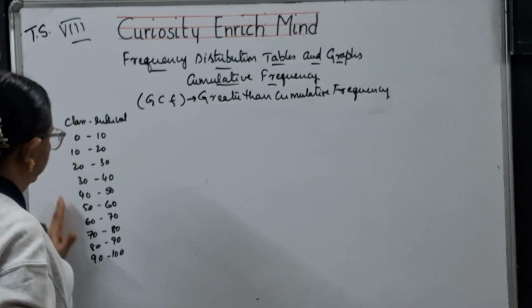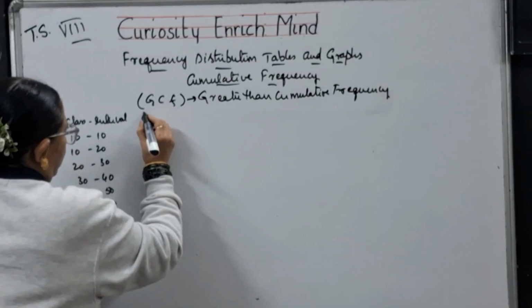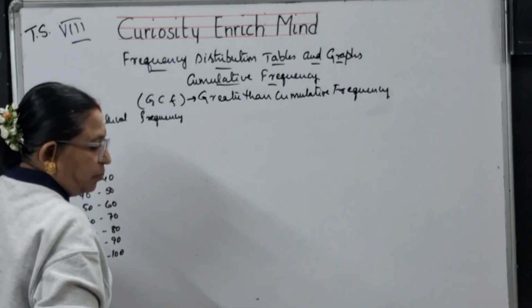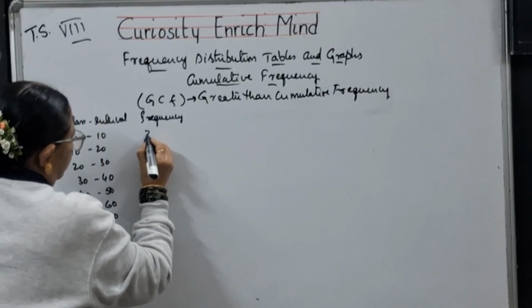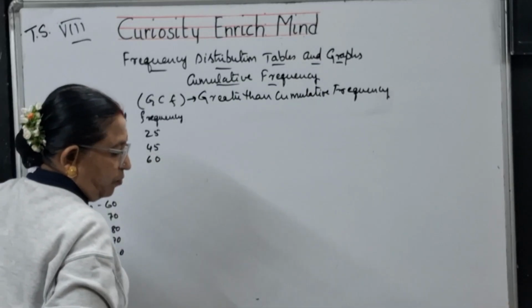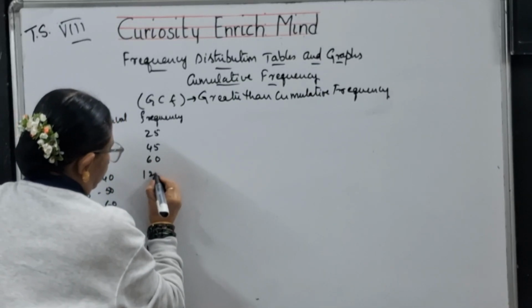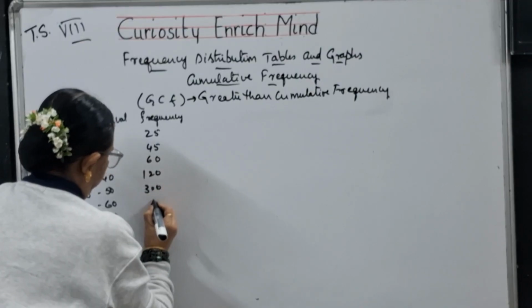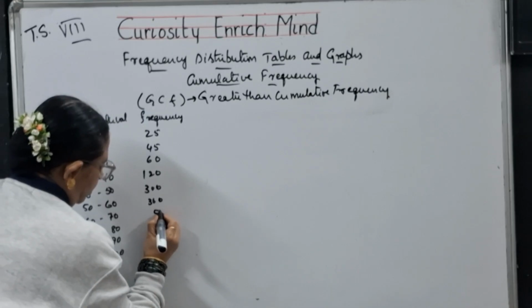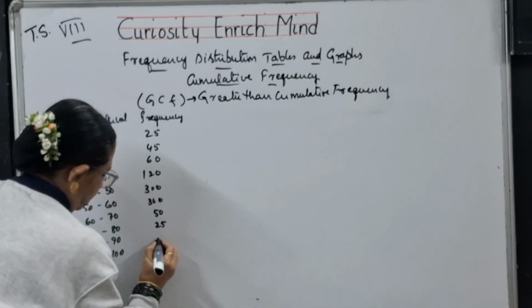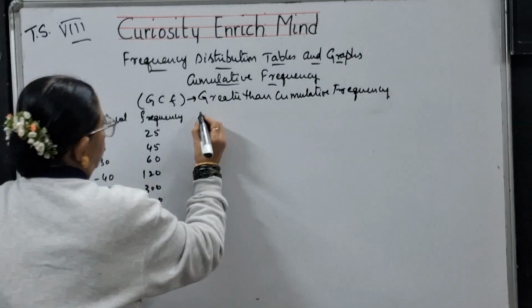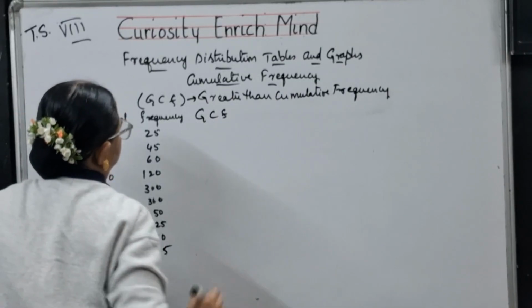And then you have the frequencies: 25, 45, 60, 120, 300, 360, 50, 25, 10, 5. Now this is the frequency. Now we are going to talk about greater than cumulative frequency.